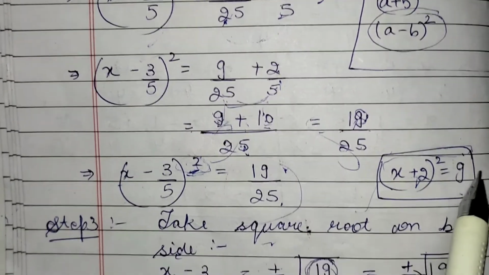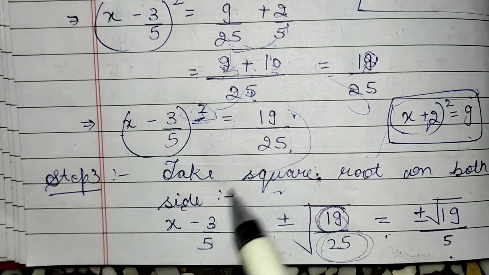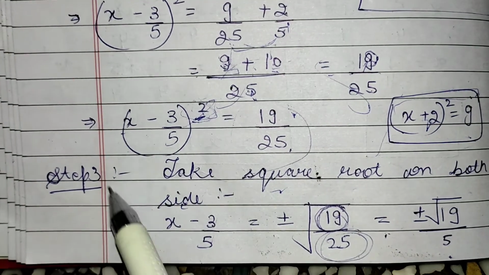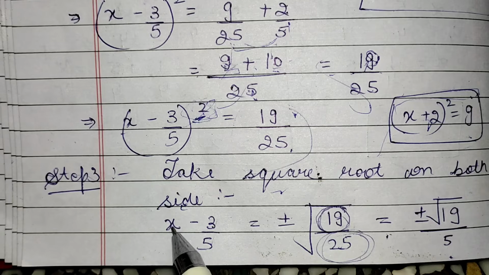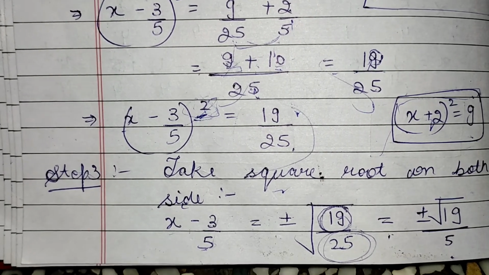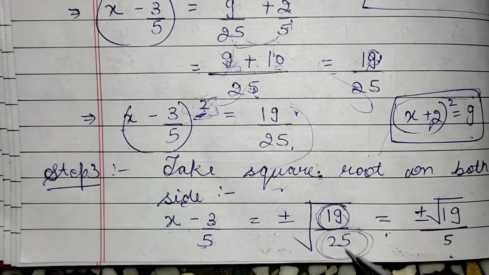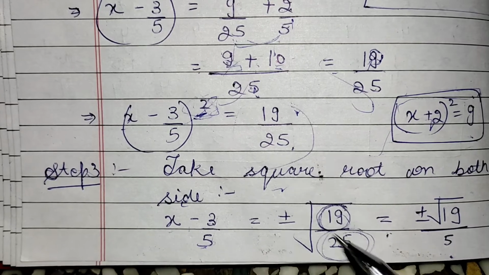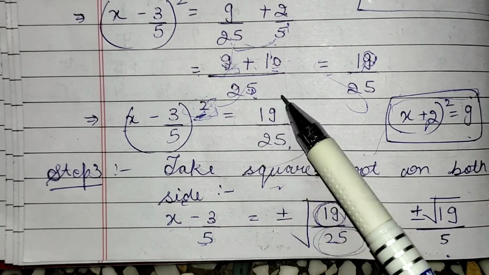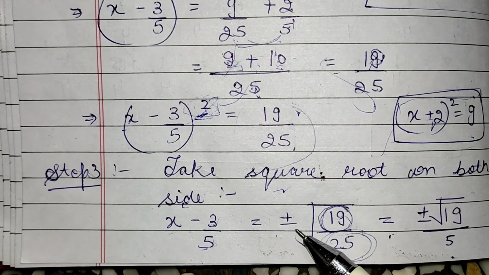After that, what do we do? We take the square root on both sides. The square and the under root will get cancelled out. The remaining term will be x minus 3 by 5 is equal to plus minus under root of 19 by 25, because whenever we take the under root of any constant term, we get a positive as well as a negative sign.